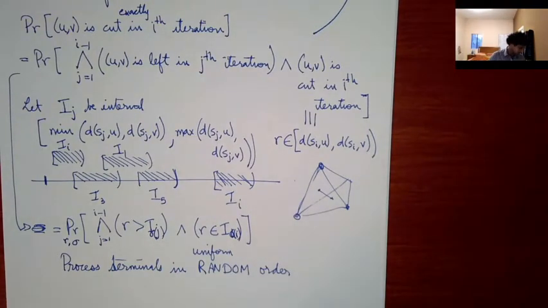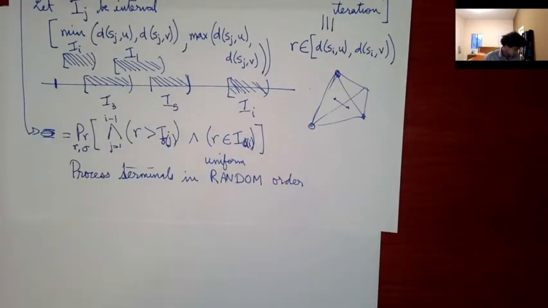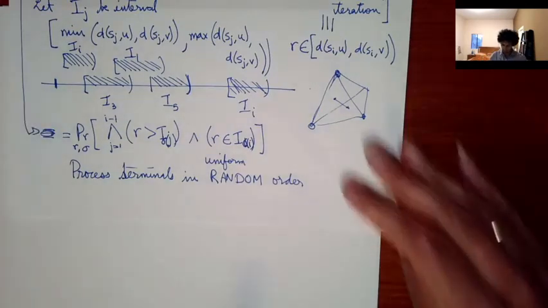Okay, now I want to do this calculation a little carefully, so I'm going to go back. Here is the picture that we have, and this is the probability that it is cut in the ith iteration.